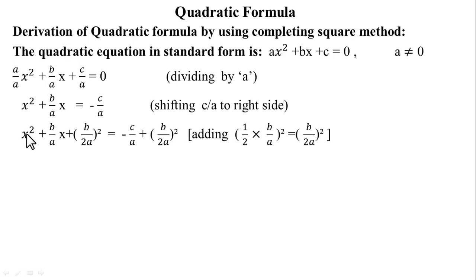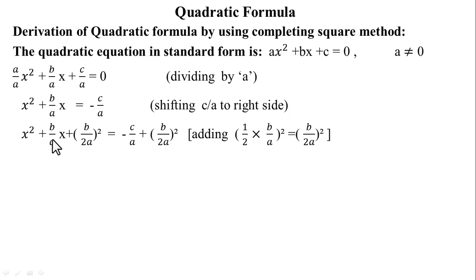Then, by the completing square method, we add 1 upon 2 multiplied by the coefficient of x, b upon a, whole square on both sides. That is, b upon 2a whole square on both sides. Then x square plus b upon a x plus b upon 2a whole square is equal to minus c upon a plus b upon 2a whole square.